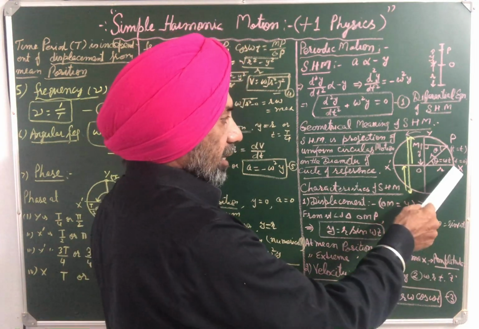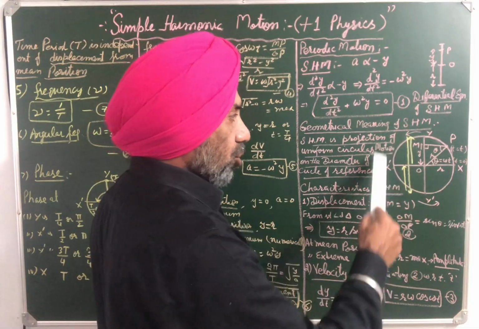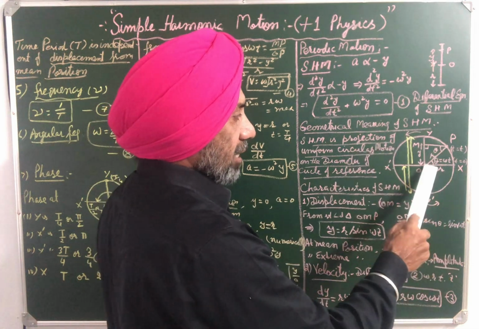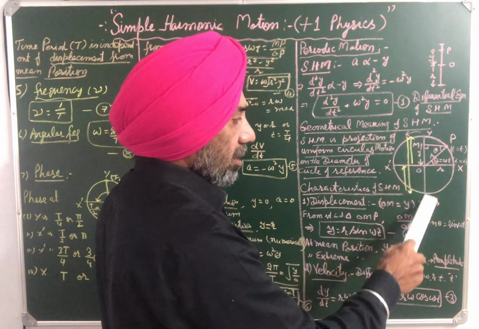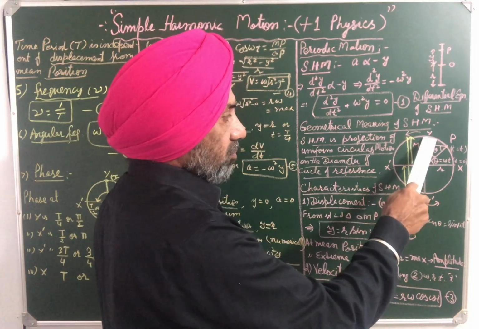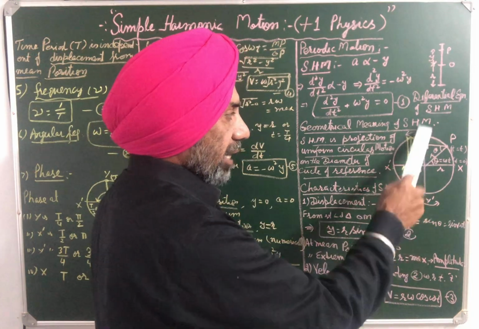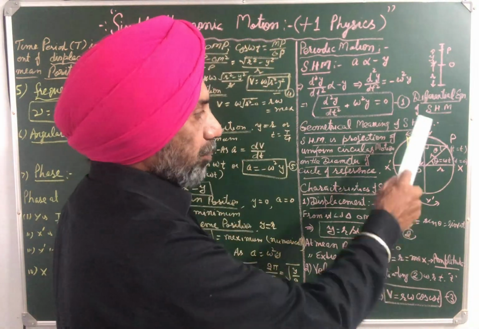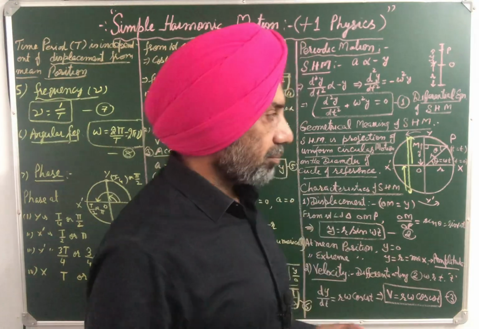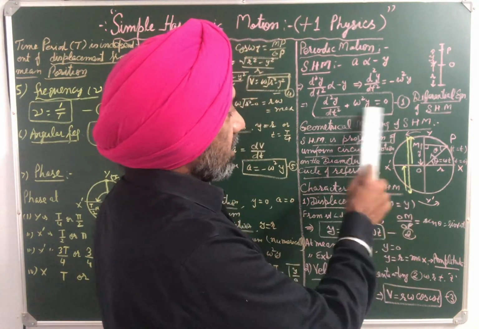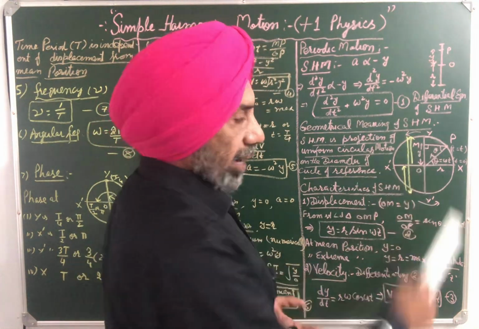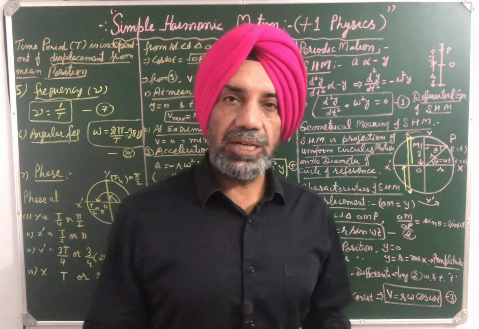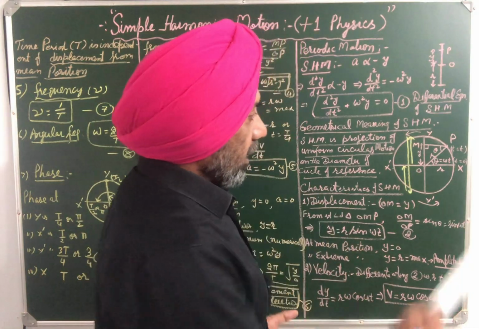It means reference particle goes on moving on circumference of a circle with uniform speed, and this M goes on moving between two extreme positions Y and Y dash about O, and this to and fro motion is nothing but simple harmonic motion, because we will prove in this case a is directly proportional to minus y. So if this condition is satisfied and it is to and fro motion, then it should be simple harmonic motion.